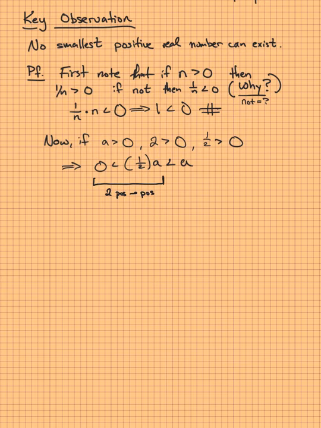And now why is a greater than a half times a? Well, again, it seems pretty obvious. I'll write it out though. So what we have to show is that a minus a half times a is in P. This is equal to a times 1 minus a half.